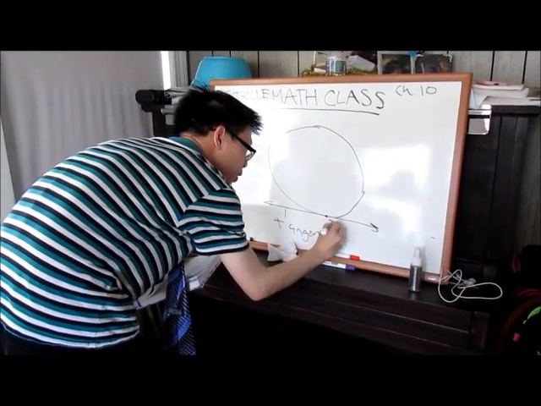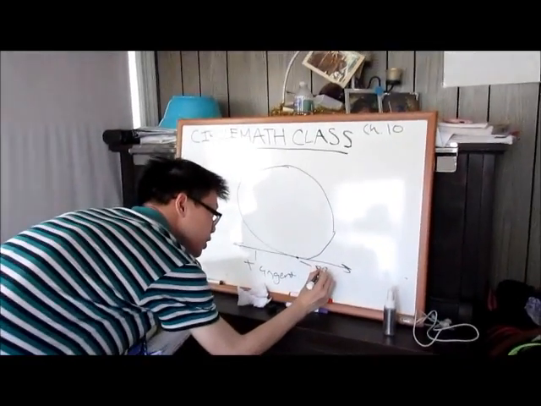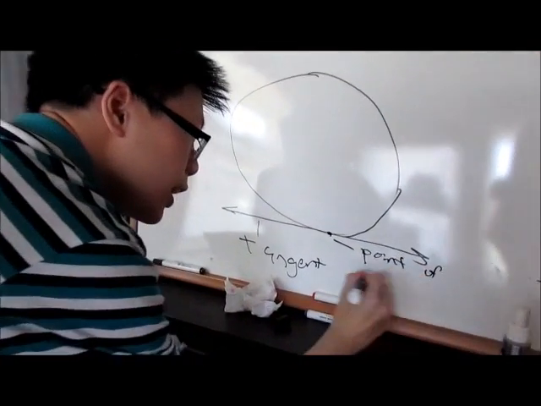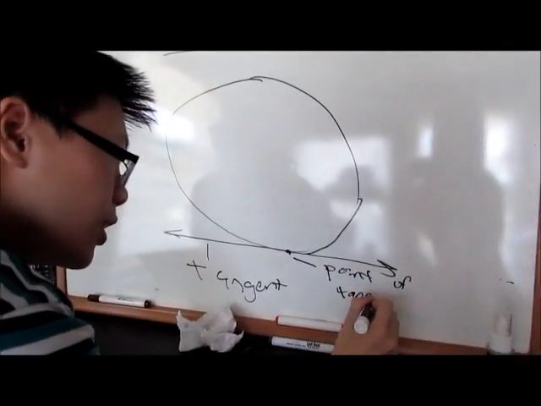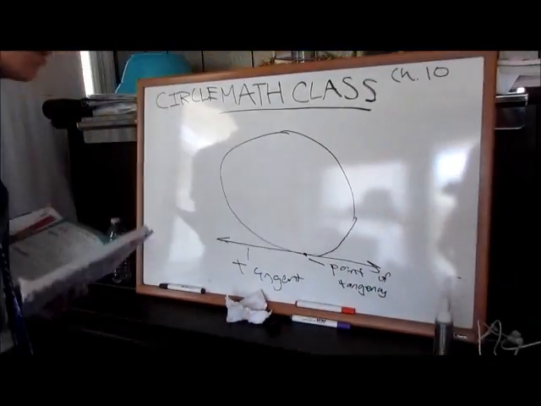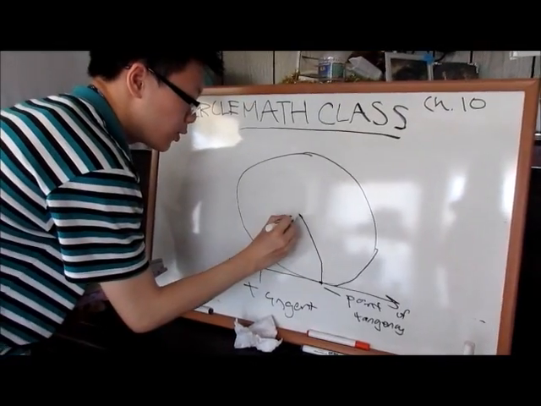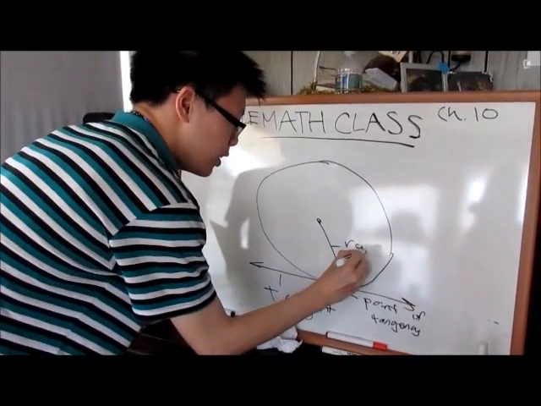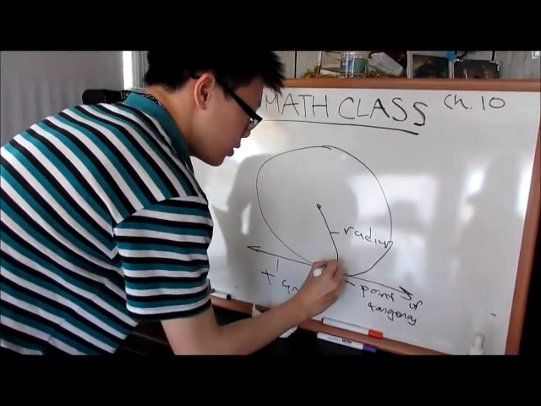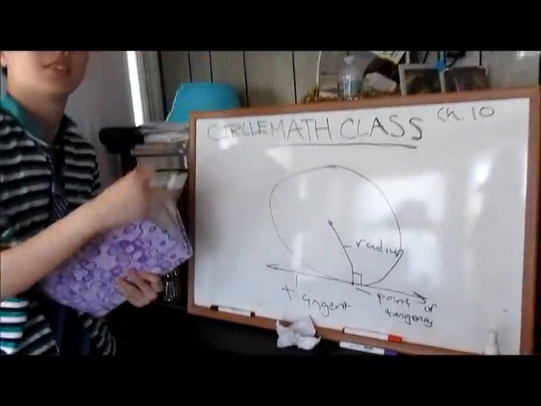And this is the point of tangency. Remember, tangent lines are perpendicular to the radius. What's the radius? There's a right angle. Pretty good.